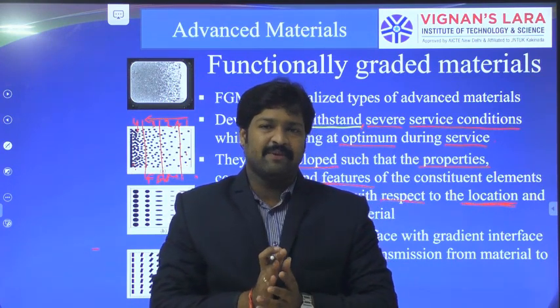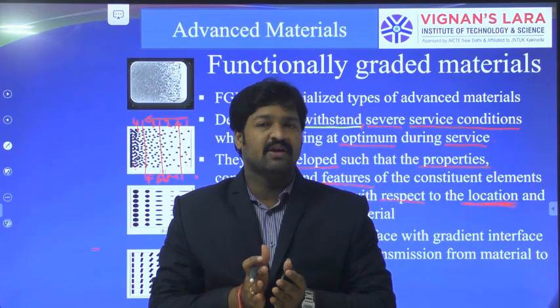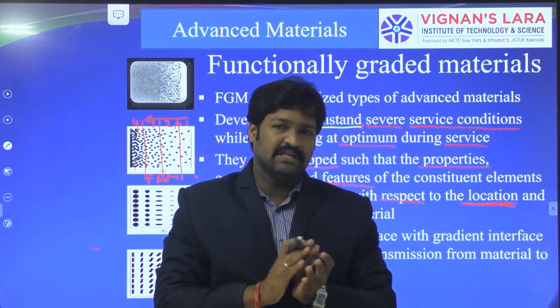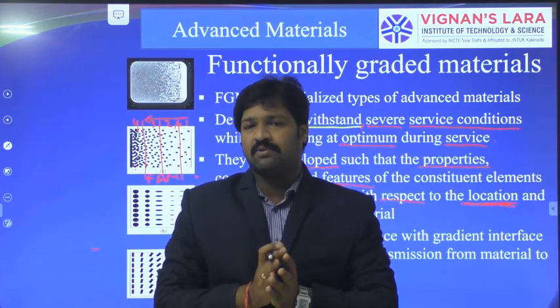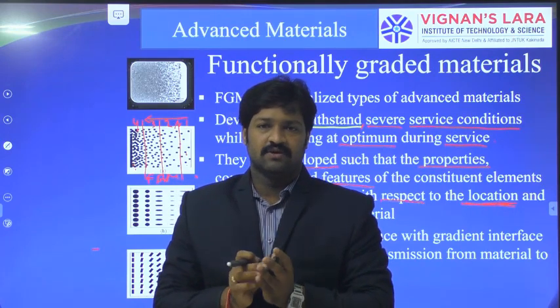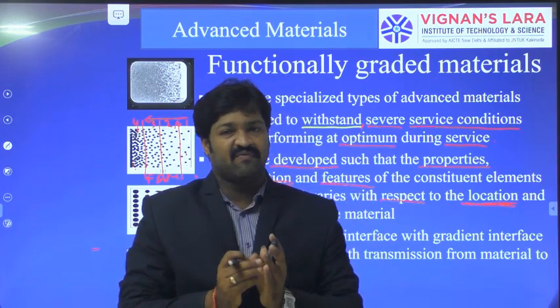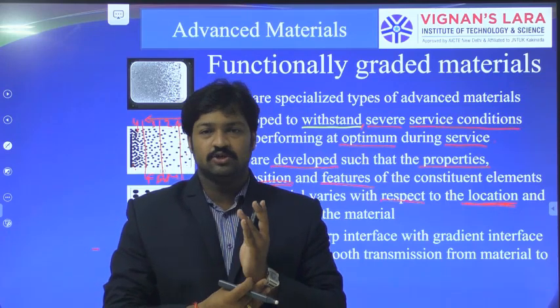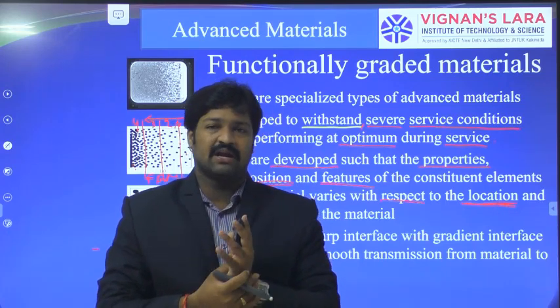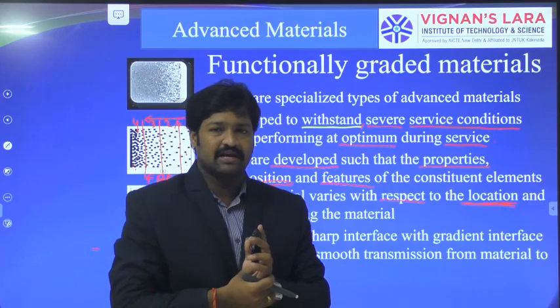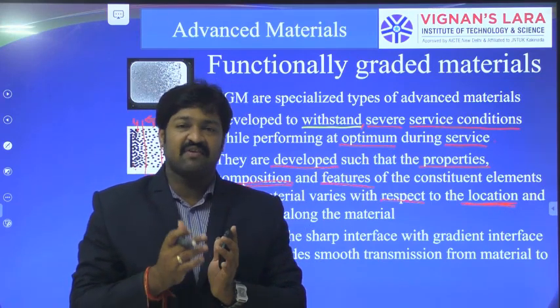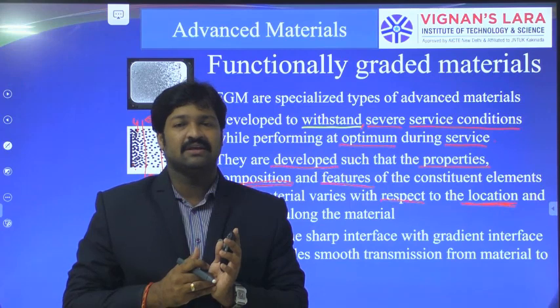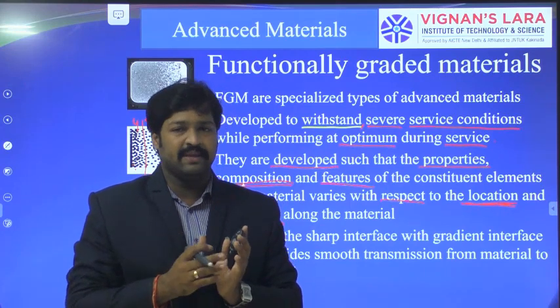Depending upon the application, we require two different properties on different sides. For example, consider our door. Our door is made up of wood and is surrounded with sunglass. The sunglass is used to protect from environmental conditions, from moisture, from sunlight and so on, so that the life of the wood is increased. It means the durability of the component will be increased.